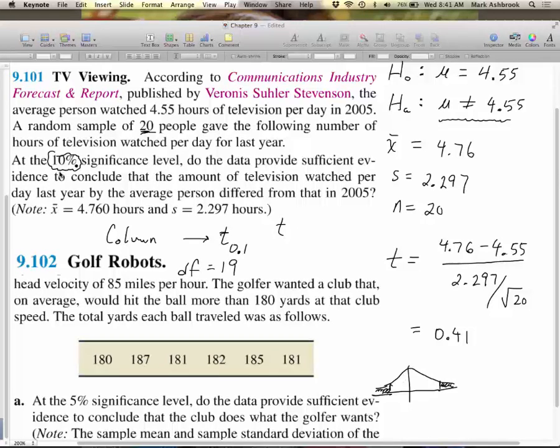Because it's two-tailed, just like you did the z-test, your teacher just messed up. This is nothing new. We want the t of 0.05, right? And then for degrees of freedom 19. And so what's that? 1.729.